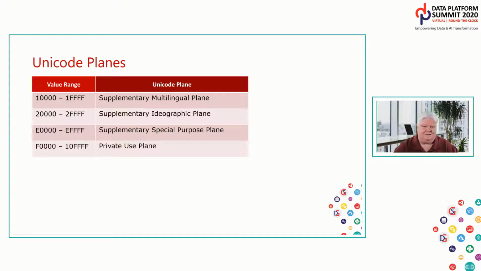Then they went and fixed most of the issues with that in another 65,000 character plane that they call the supplementary multilingual plane. So they fixed most of those basic problems. They then took another plane that they call the ideographic plane, and they also allocated a special purpose plane and a private use plane.